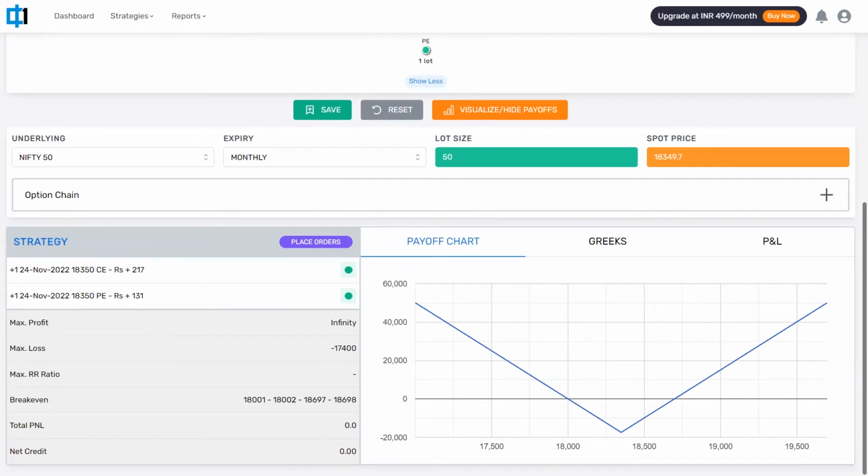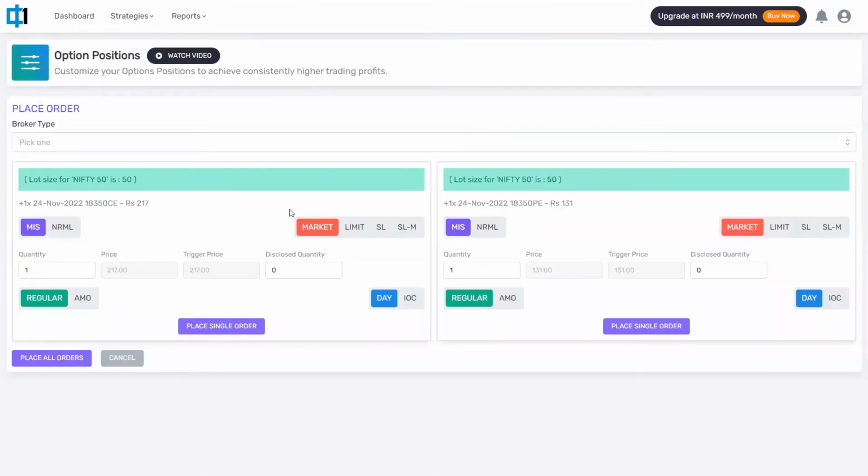So to alleviate that pain, to just make life simpler a bit, we also have this place order button here. So as soon as you click this, if you're integrated with any of your brokers, the tickers are selected for you, the expiry is selected for you, the quantities are already put in, and all that you basically need to do is press this place all orders button.